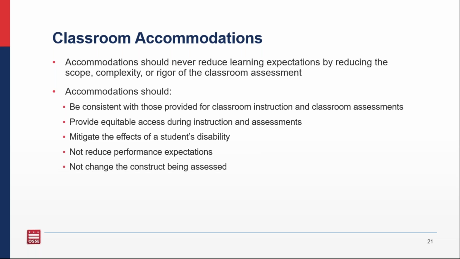Accommodations should be consistent with those provided for classroom instruction and classroom assessment, provide equitable access during instruction and assessment, mitigate the effects of a student's disability, not reduce performance expectations, and not change the construct being assessed. These are just key factors to remember when identifying classroom accommodations for students.